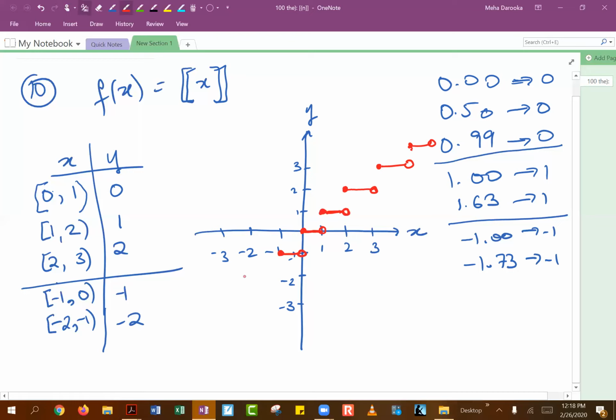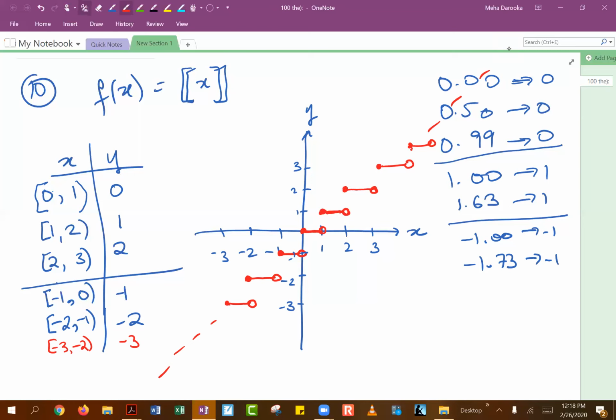Then we go down to -2, -1, closed, and then again open circle. Go down, this guy would be -3 to -2. So that guy would be going down. And of course, this pattern keeps following for the entire stretch of your graph.